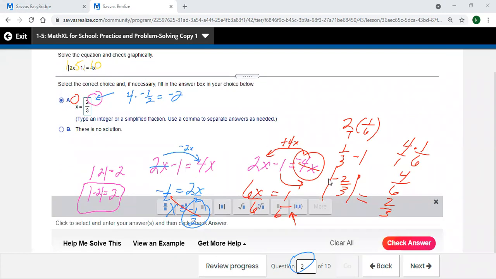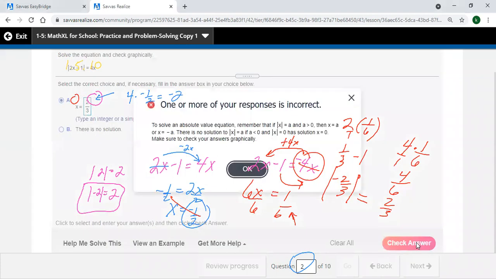Check the 2/3. Uh-oh. So something wasn't quite right there. To solve an absolute value, remove it, set the two sides equal to each other, and there can be no solution. So let's go back and just check our work.